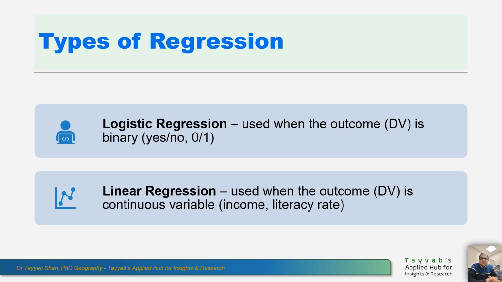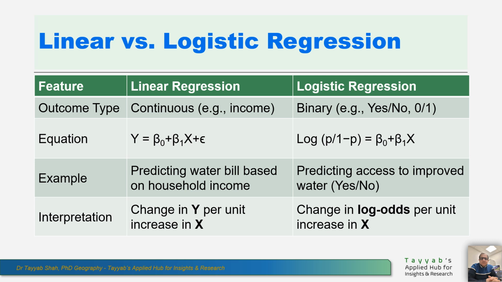Okay, so our focus will be on logistic regression, but I just want to give you a little overview of how those two are slightly different from each other. Linear regression takes the outcome indicator or dependent variable as continuous, whereas it is binary in the case of logistic regression.